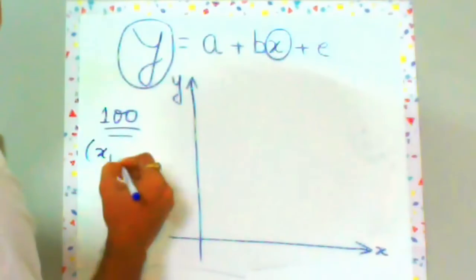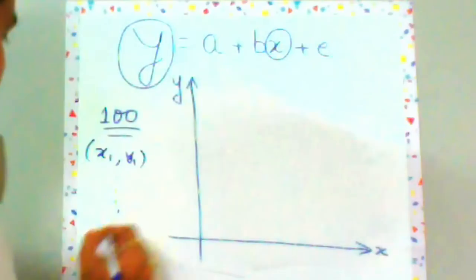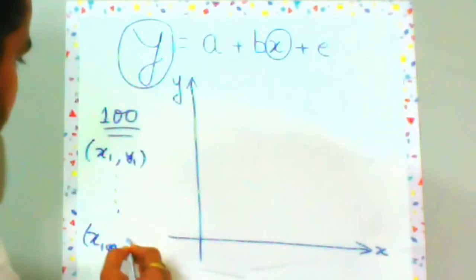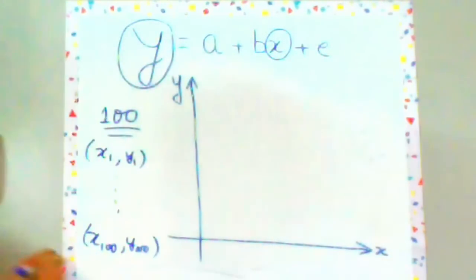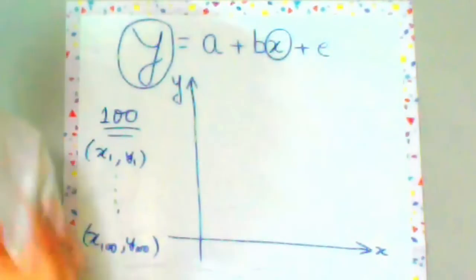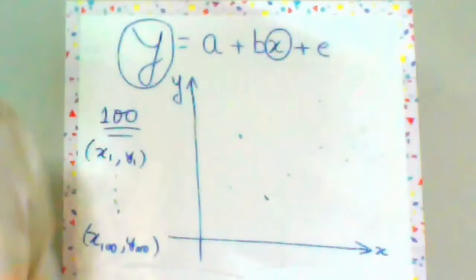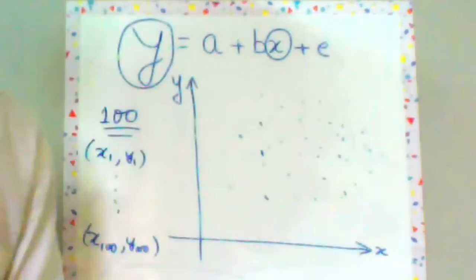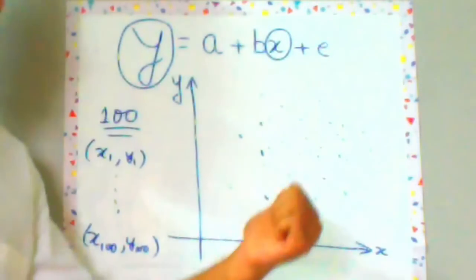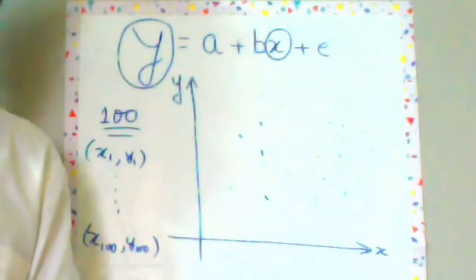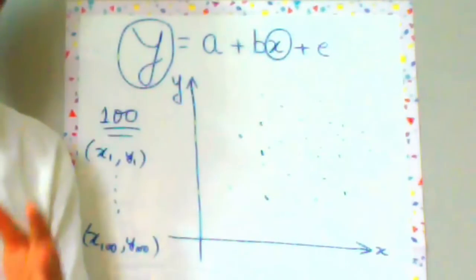So you could have X1, Y1 to X100, Y100, which means you have 100 pairs of XY values. And what you do is you plot on this XY graph. Now, after you get this diagram, it is known as a scatter plot or a scatter diagram.